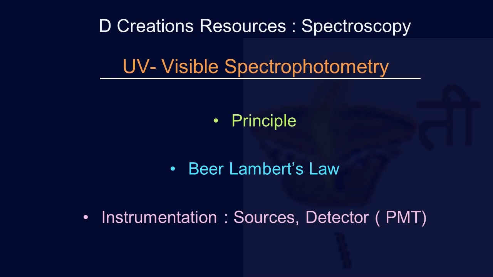And then of course you need an anode at the end of the PMT, which is going to collect these multiple electrons and create an electrical current which is going to be proportional to the intensity of the light which has been detected. You can use PMT for a range right from UV covering visible and also near infrared.